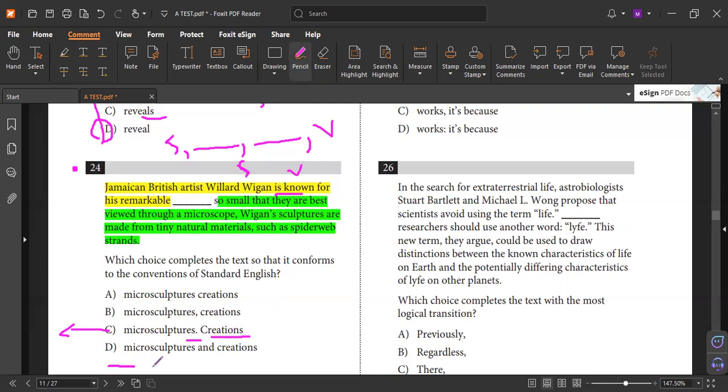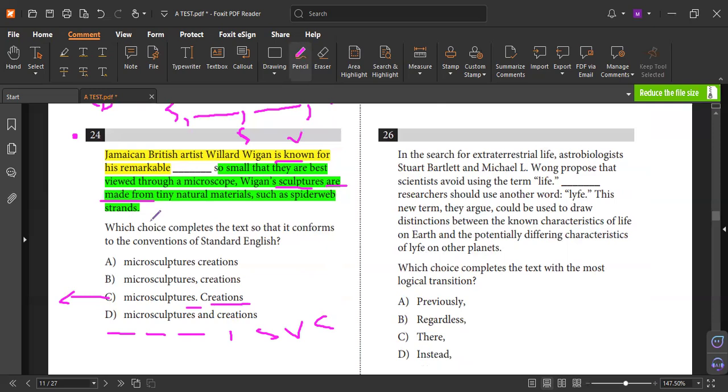So he put phrases, comma, and then the sentence. Sculptures are made. But is that a new sentence or not? Yes. That means you have two complete sentences. With a comma only, comma splice mistake, so wrong. Without any punctuation, run-on mistake, also wrong. Comma plus FANBOYS, we need a comma. Where is the comma? No commas, so this is wrong. Imagine.